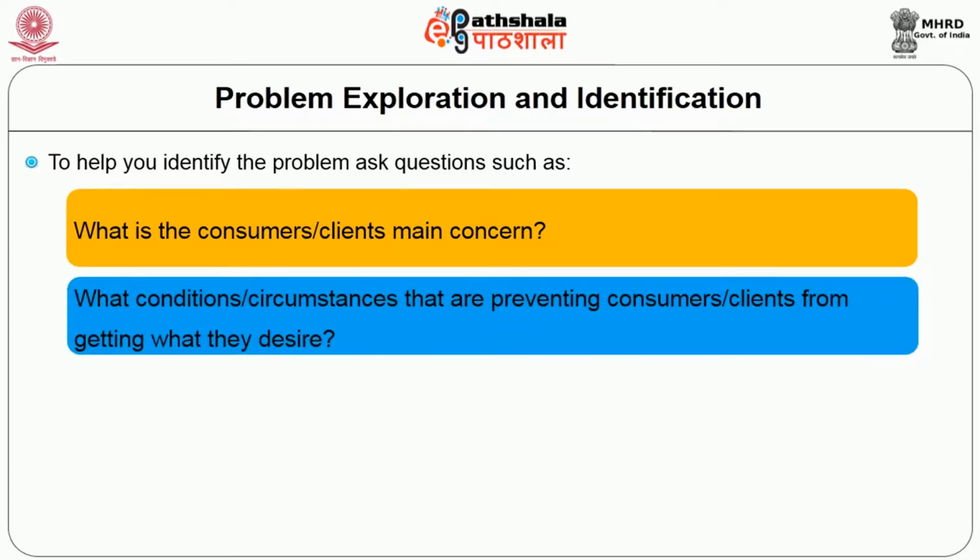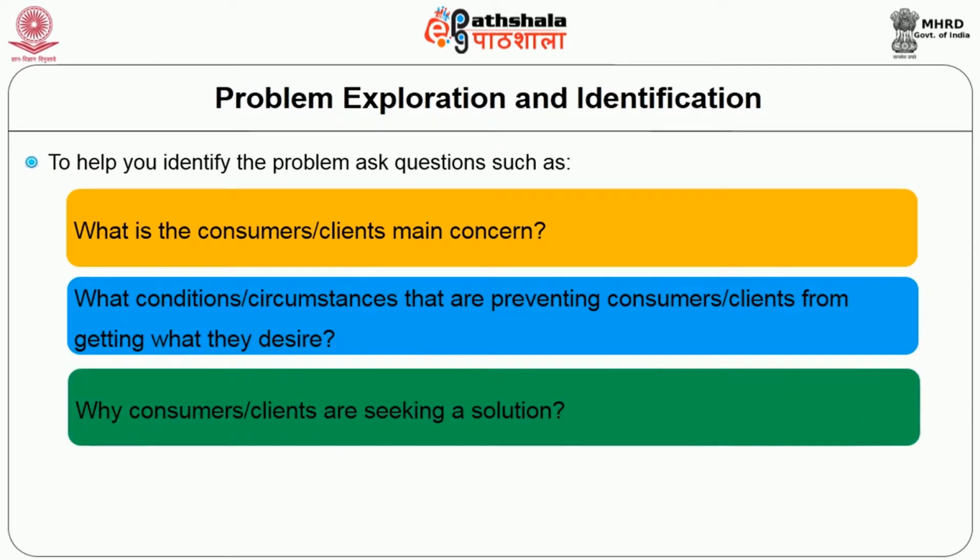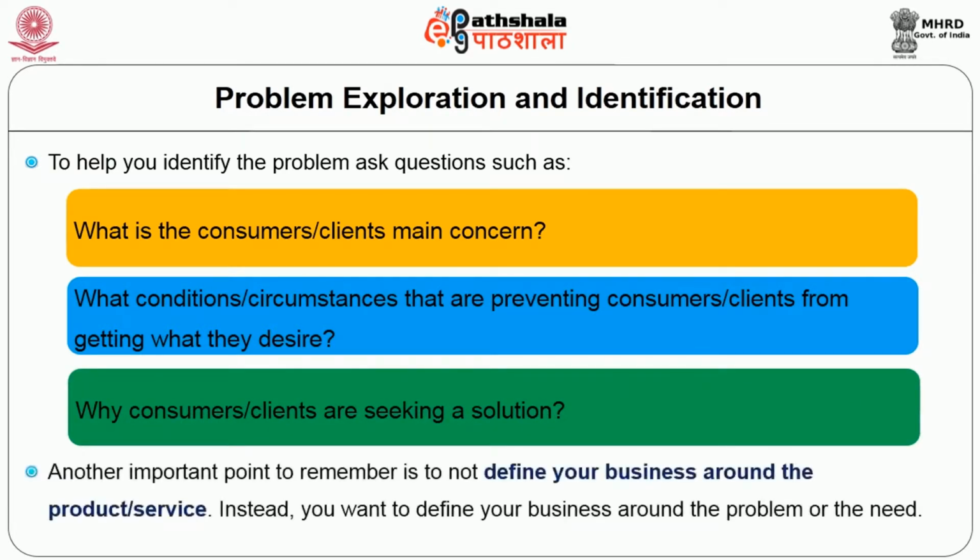What conditions or circumstances are preventing customers from getting what they desire? Why are customers seeking a solution? Another important point to remember is to not define your business around the product or service. Instead, you want to define your business around the problem or the need.